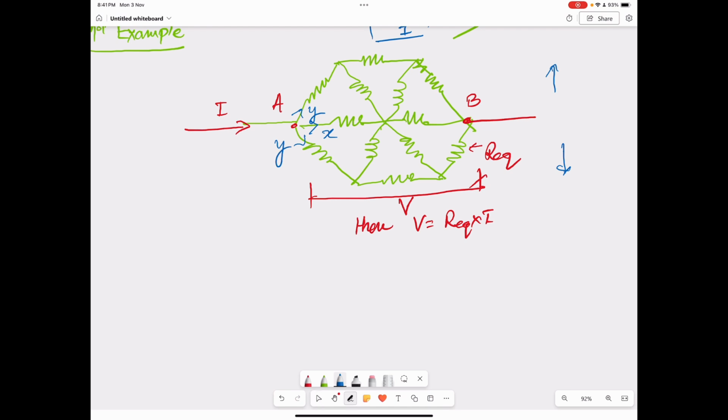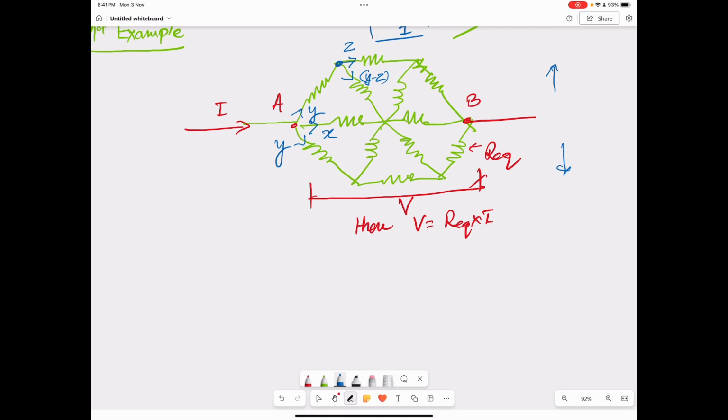Now this Y current at this point gets divided into another current Z, and here it comes to Y minus Z. This is the current.